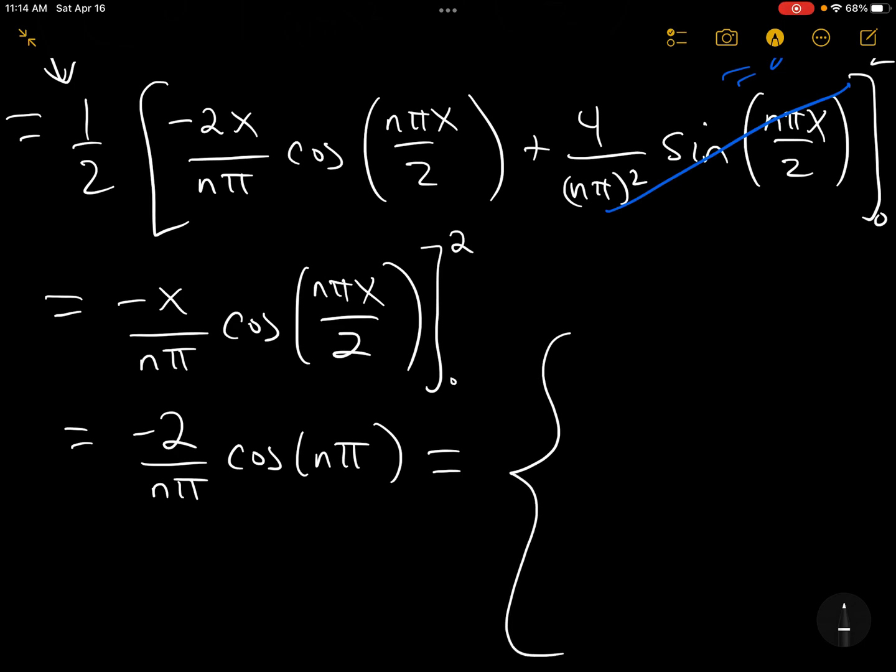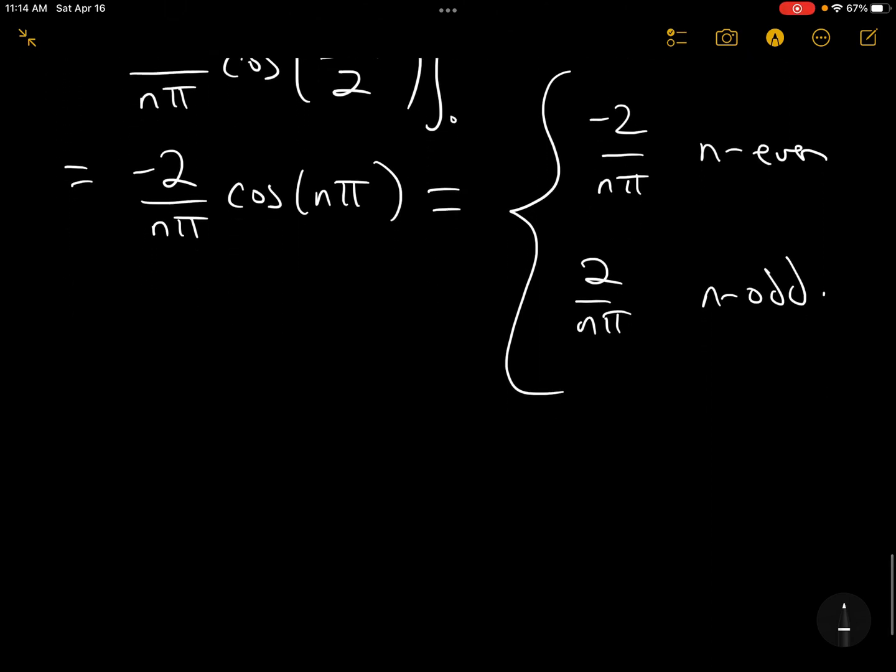And we do an even-odd argument because of the n's. So what is this? This is minus 2 over n pi for n even, and 2 over n pi for n odd. Okay, so here's the series. n goes from 1 to infinity. It's alternating, so I'm going to put a minus 1 here.